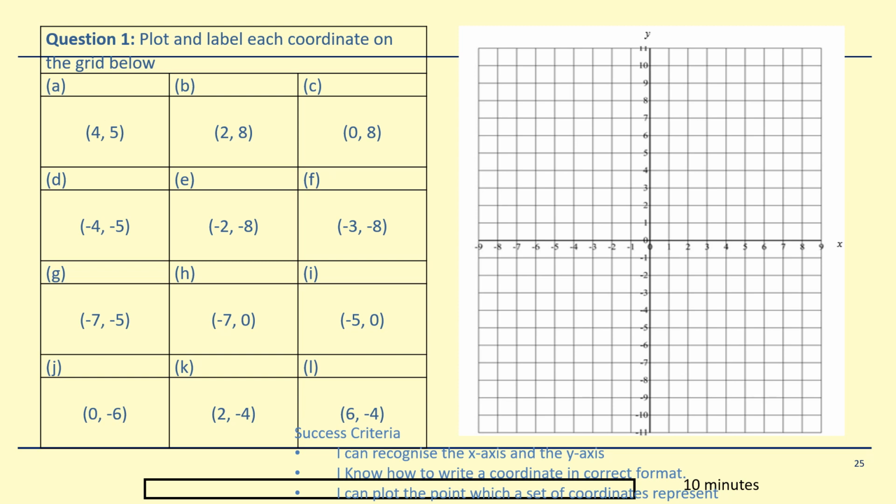Give yourself about 10 minutes, and then pause the video. If you haven't paused the video now, pause it now, because in the next 3 seconds I'm going to give the answers.